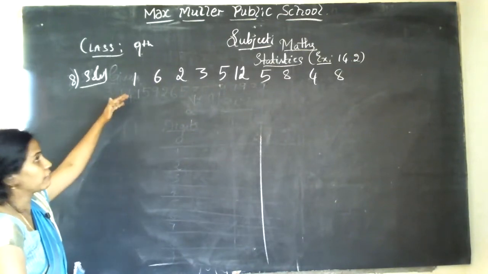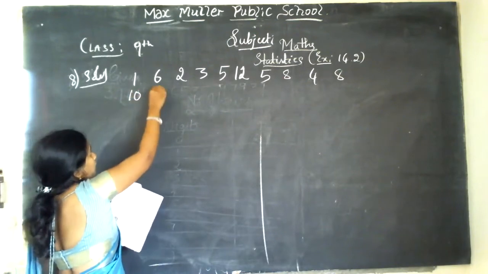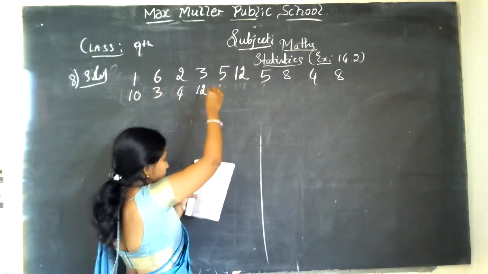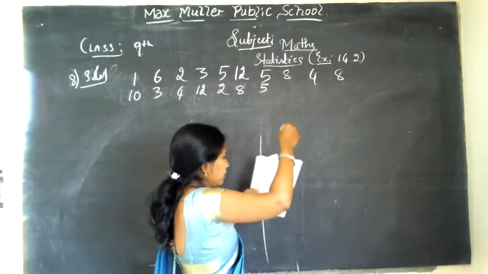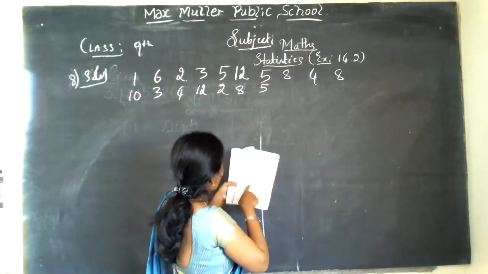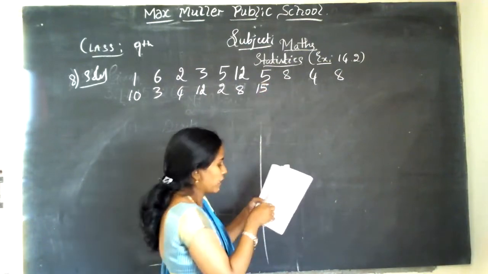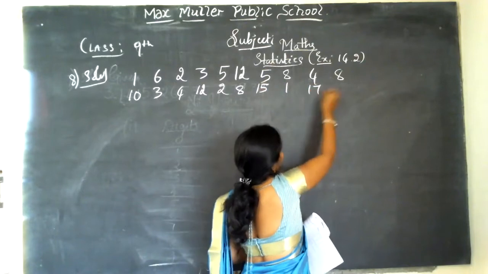Similarly, they have given 3 rows. The second row: 10, 3, 4, 12, 2, 8, 15, 1, 17, 6.